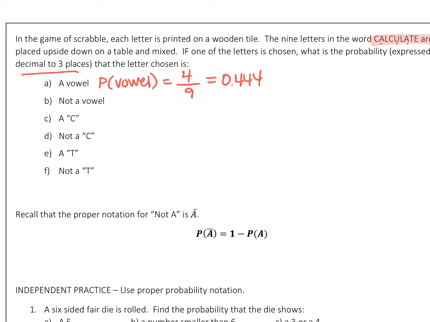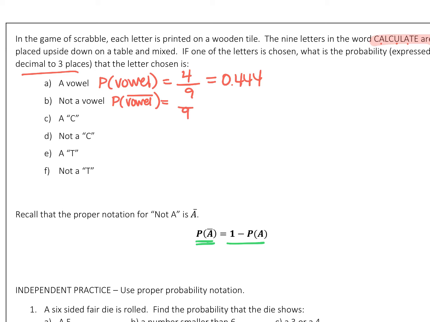Okay, the probability of not getting a vowel, so just to recall from our set theory unit, if I want to say not an event, I represent that with a line over top, and it's always 1, subtract the probability that it could happen. So the probability of not getting a vowel would look like that.